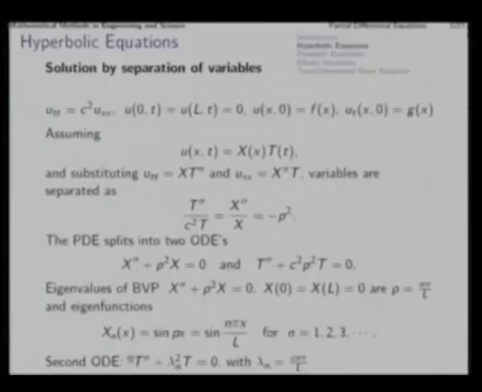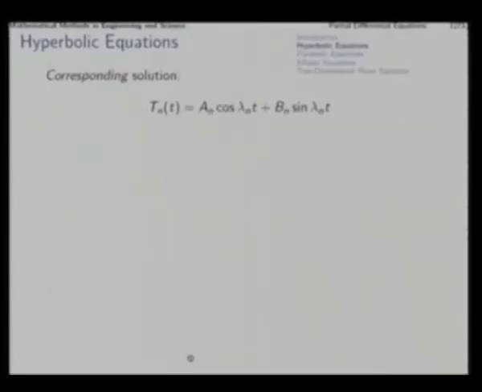In a similar manner, the solution of this differential equation is then here like this. In this case, we consider the complete solution including both the coefficients.